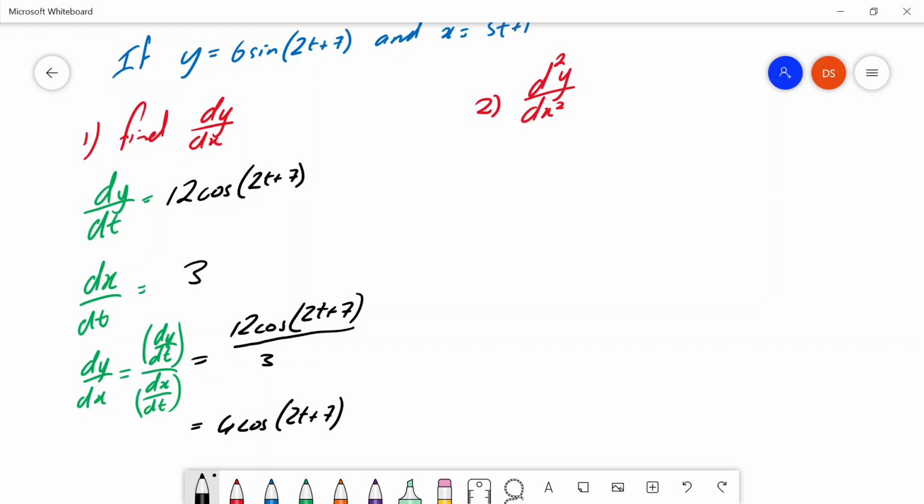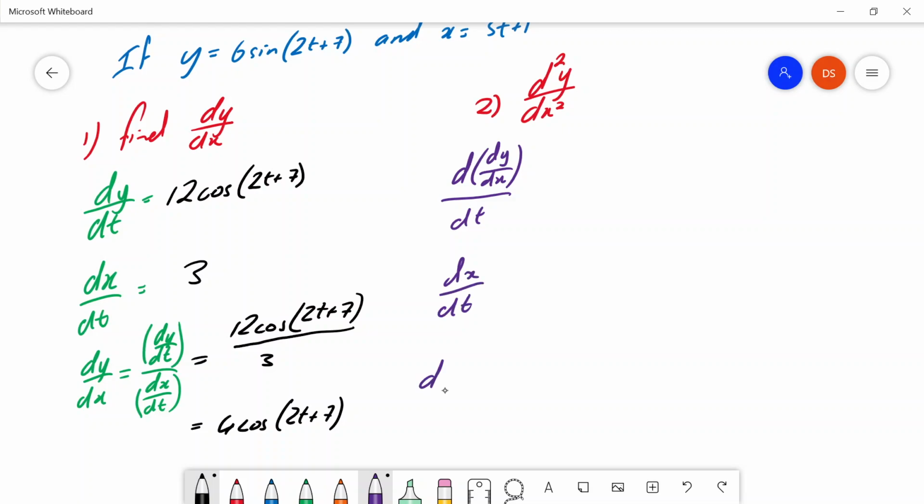Now, for this second derivative, I don't want you to freak out, because this is how I like to do it. I like to work out dy by dx by dt. Then I like to work out dx by dt.